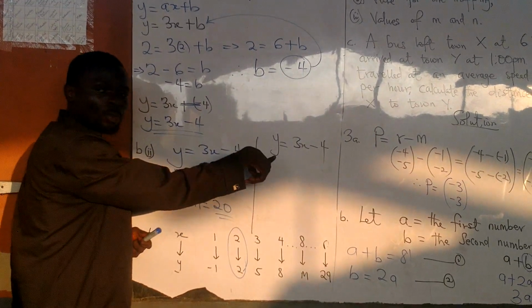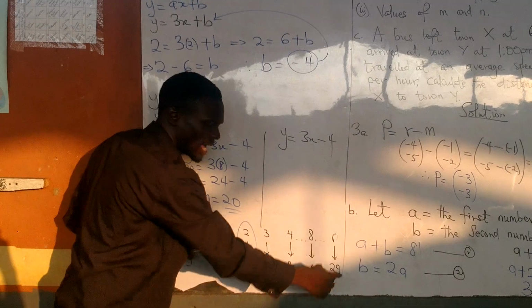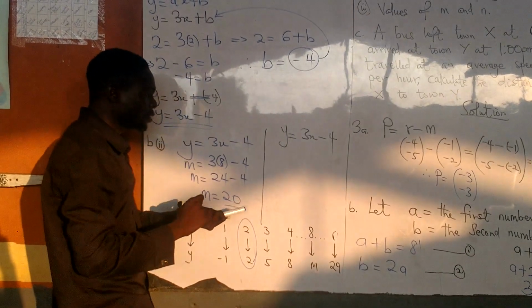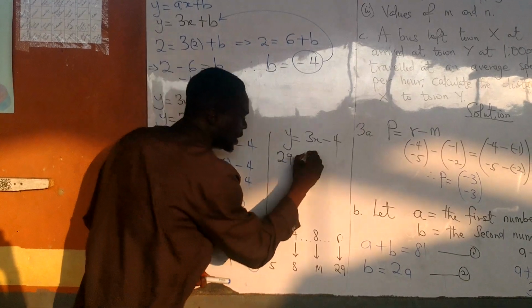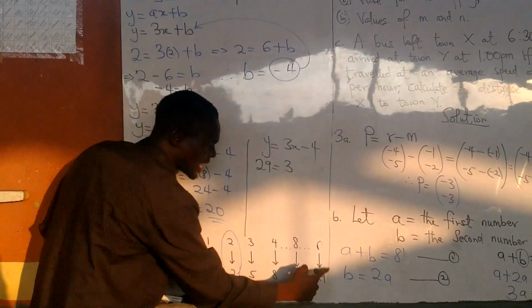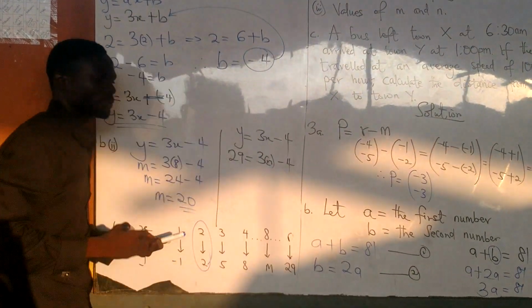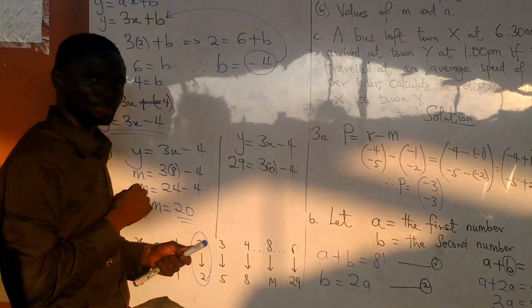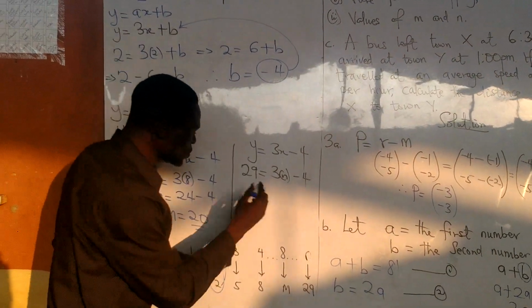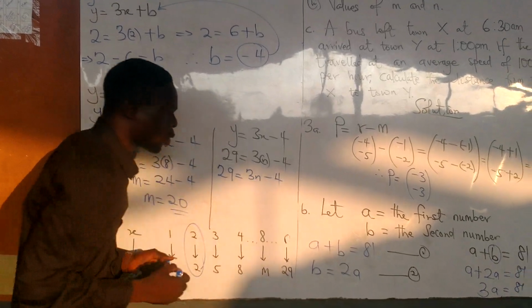Then in place of y, we are going to put the corresponding y value for n, which is 29. So we are going to say 29 is equal to 3 times x. What is the x? n. Put it there. Minus 4. So we are going to get 29 is equal to 3n minus 4.